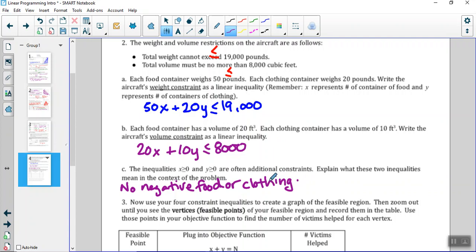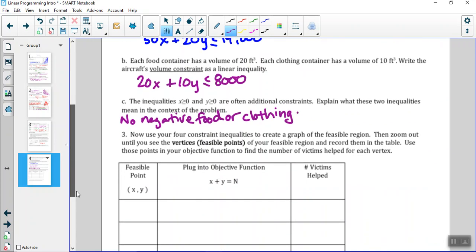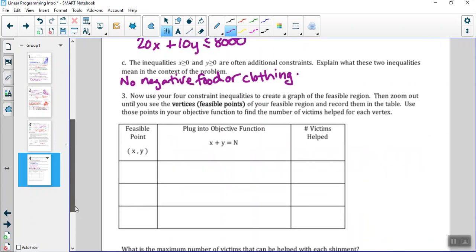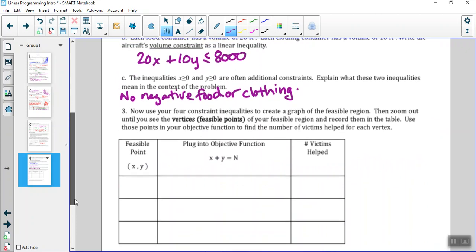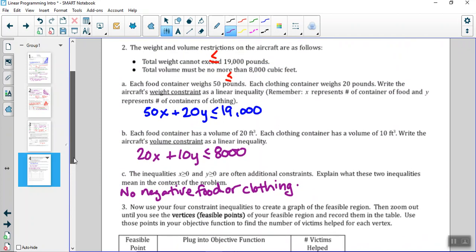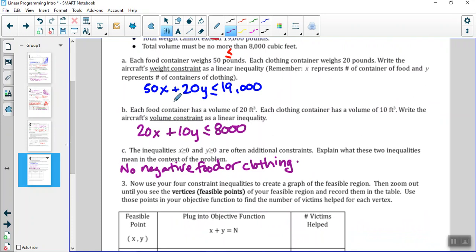Alright, so we're going to graph that and we're going to find the vertices. Vertices are like corner points. So we are going to graph these two and these two as well. So we have 4 to graph. So you can pause and do that on your own. I'm going to do that right now too.